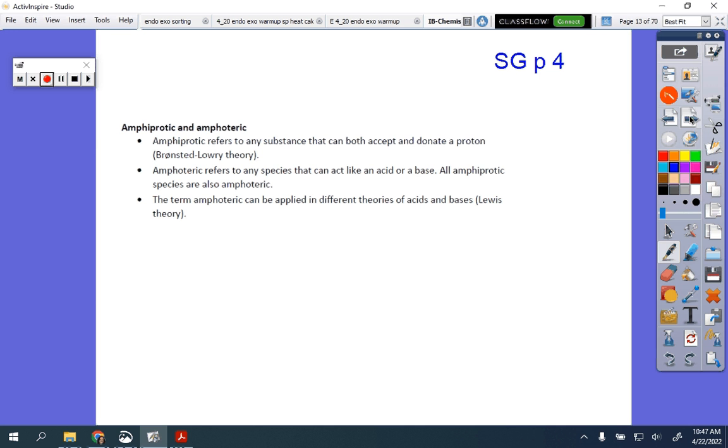Amphoteric is a bigger definition that is talking about things that can act like an acid or a base in other definitions of acids and bases. But you don't have to worry about it. If you see that word, amphoteric, it means pretty much the same thing as amphiprotic. And on the exam, you should only see the term amphiprotic used.